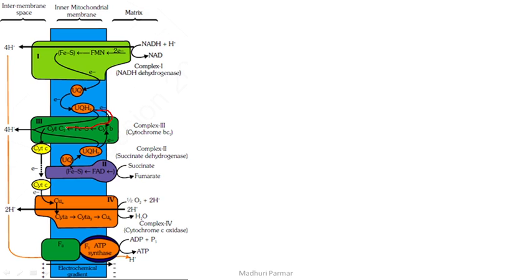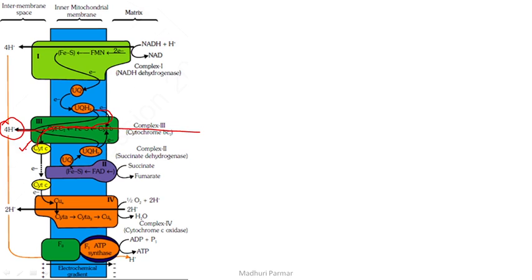Now this cytochrome c1 will give the electrons to cytochrome c, which is another protein found on the intermembrane space side. During this process, 4 protons are pumped out. So 4 protons from the matrix will be pumped out into the intermembrane space.